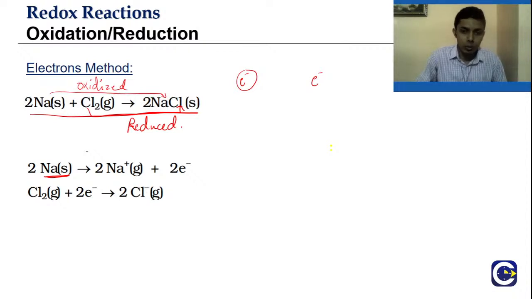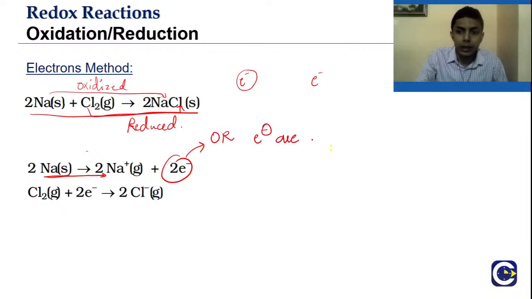If I look in more detail to understand what exactly happens in an oxidation reaction, this is what happens. Sodium gets converted to Na plus, giving out electrons. So in an oxidation reaction, electrons are emitted.